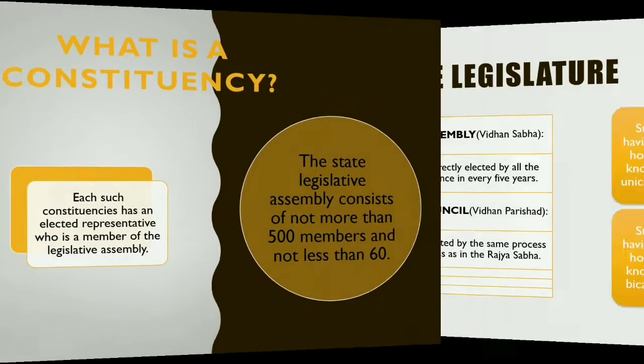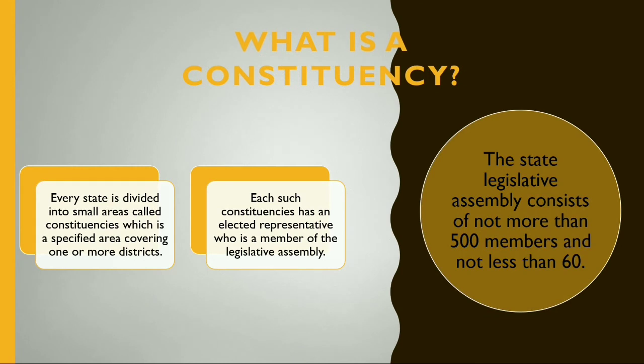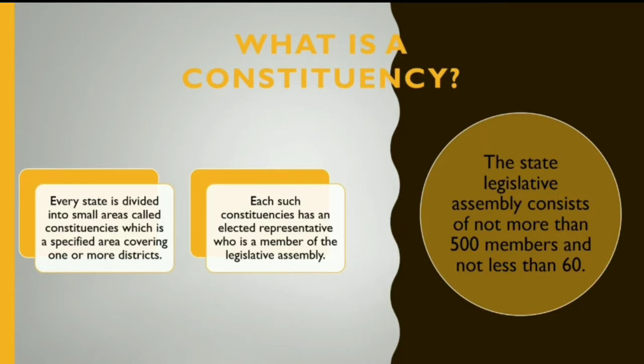Now, how is the state government formed and what is its system? For that we are first going to learn the term constituency. What is a constituency? Each state is divided into small areas called constituencies, each a specified area covering one or more districts.